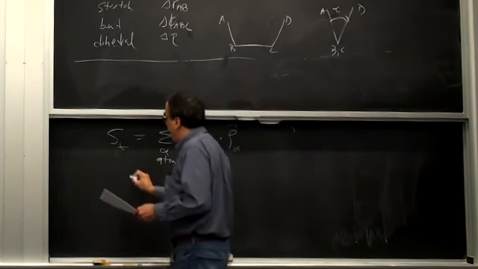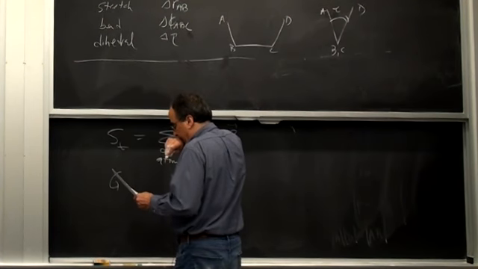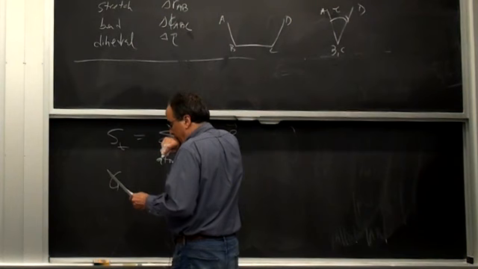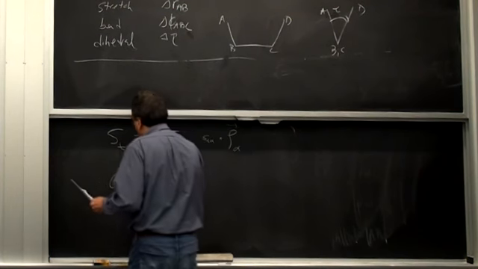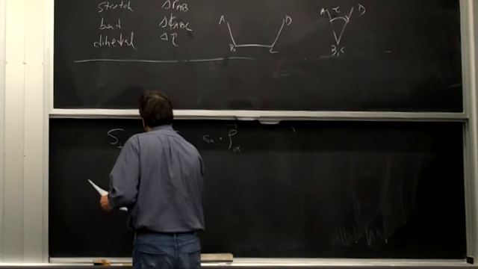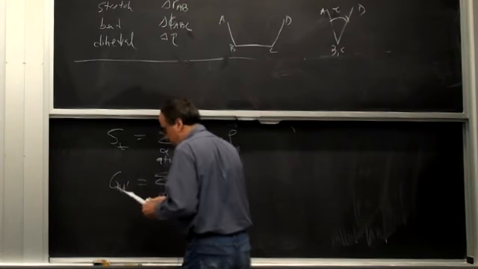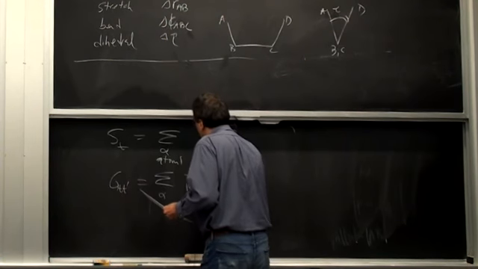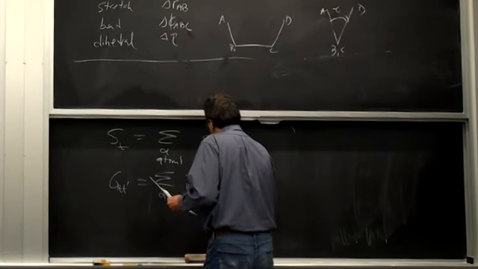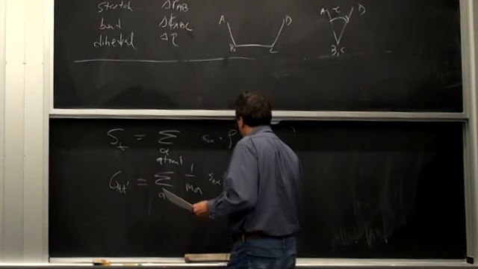We're going to discover that we can write the G matrix as the sum over alpha of 1 over m alpha, S_t alpha dotted into S_t prime alpha.